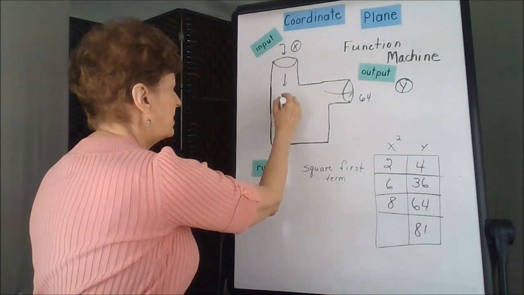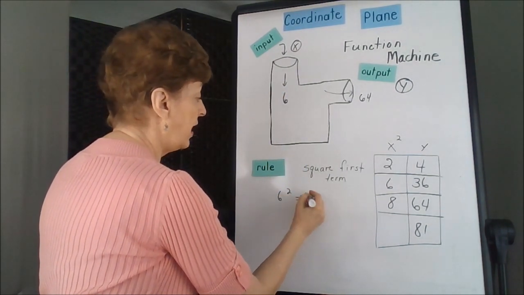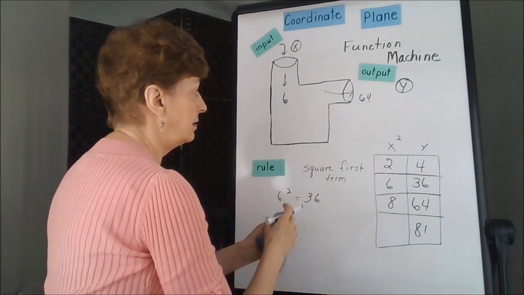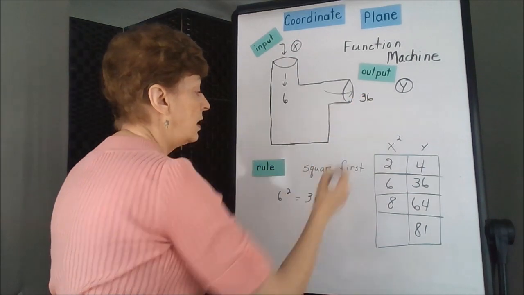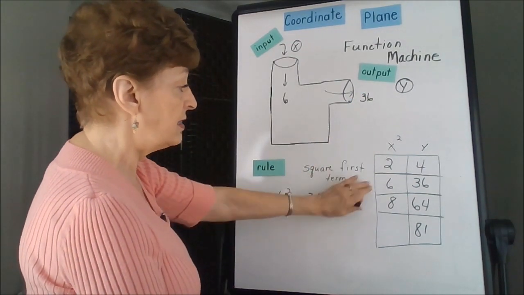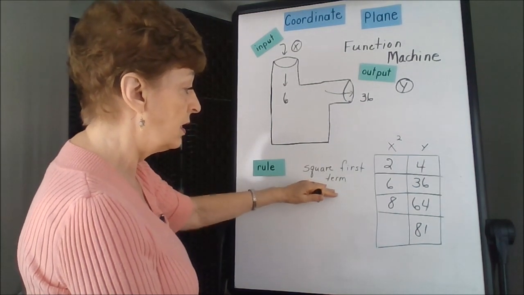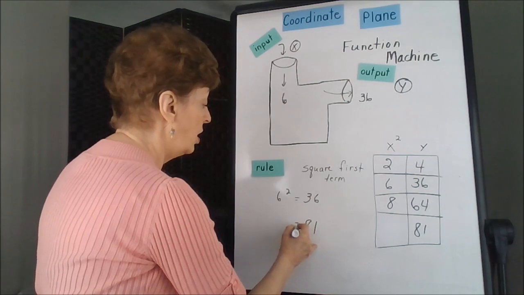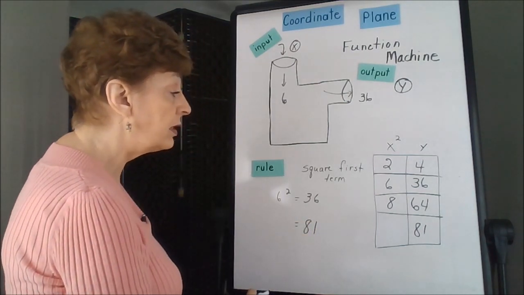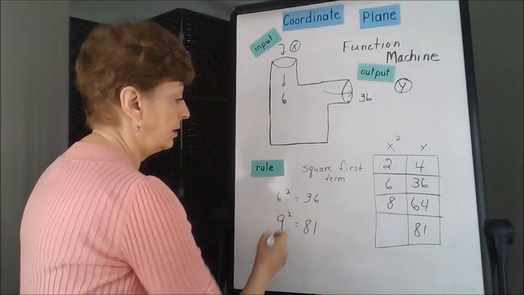If we put a 6 in and square it, it comes out as 36. Now that we've got these to work with our idea of squaring the first term, we now can take our 81, that's our answer. What times itself is 81? 9 squared.